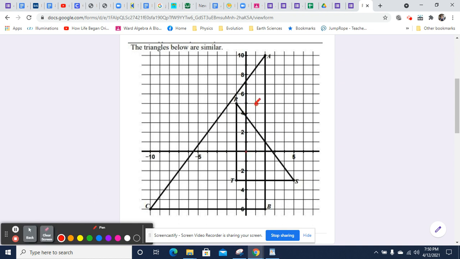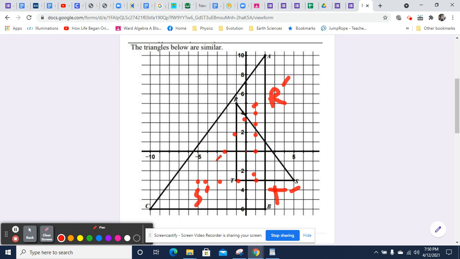So here we would have R prime, here we would have T prime, and that's 5, so this will be -5 for S prime. So that would be S prime, and this would be R prime, and that would be T prime right there. Okay, and that's our first triangle. I'll just make a little dotted line for this. That's our first transformation.